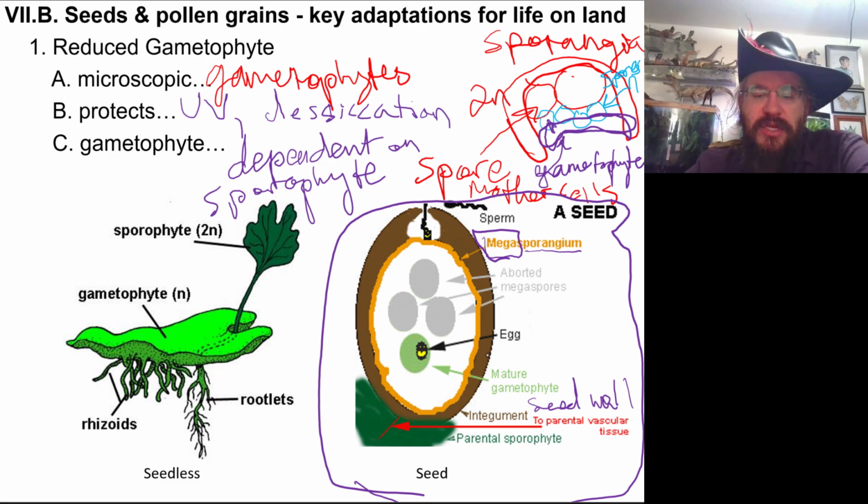So, this sporangium is the megasporangium, which produces the megaspore, right? And then the megaspore produces the gametophyte, right here in green, which I just filled in with purple. And then the gametophyte produces the egg. And then these megaspores over here are all failed megaspore tissue. They all dead. They bad. So sad. Okay, so not too terrible.